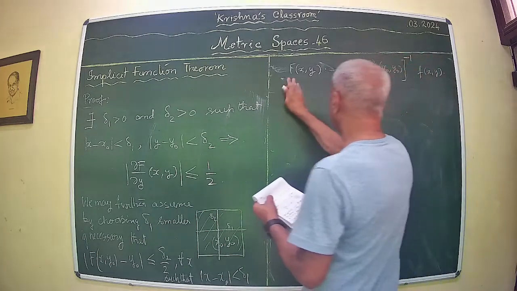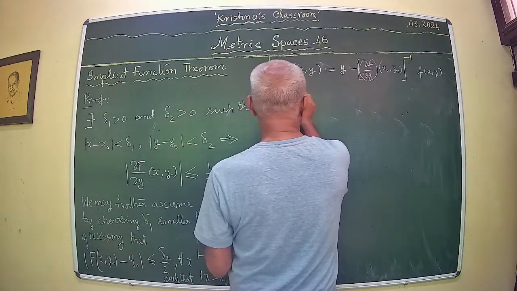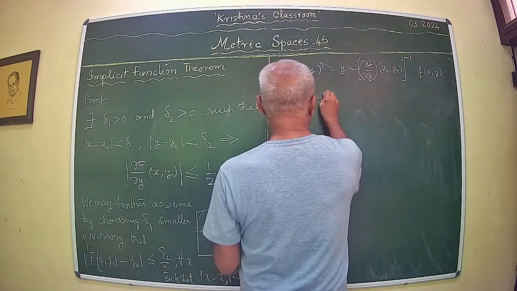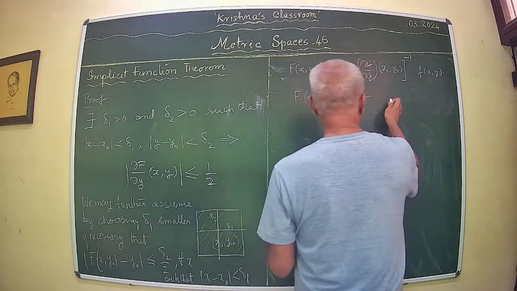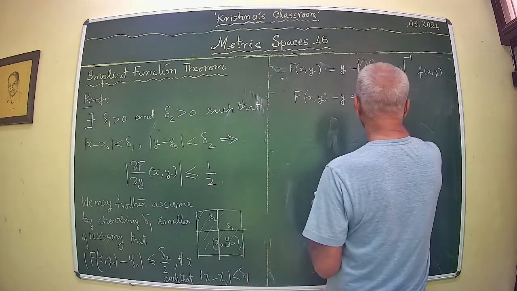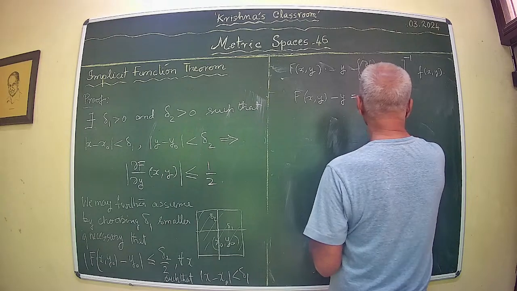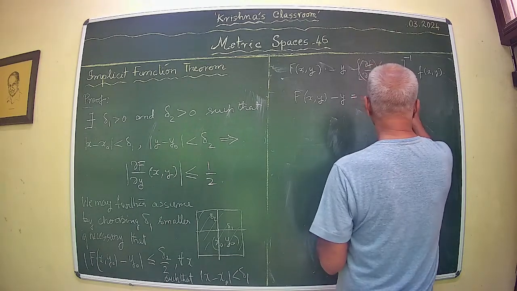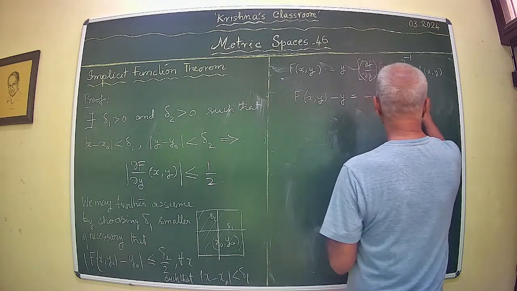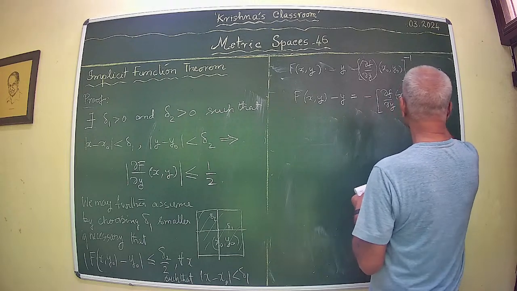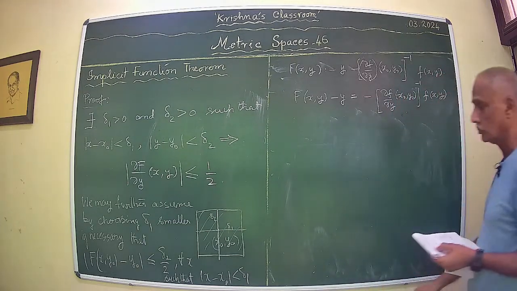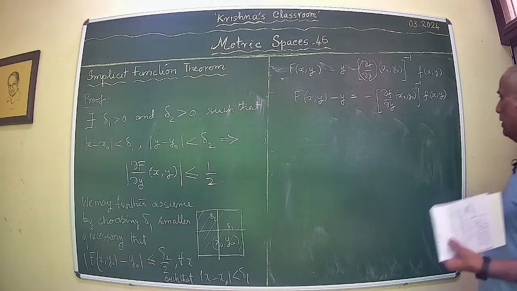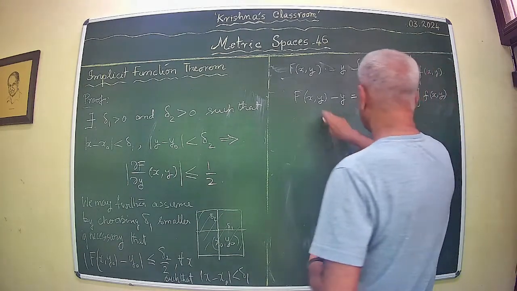Now we have this one, so f of xy minus y is another function. So you now work it out at the point y naught.